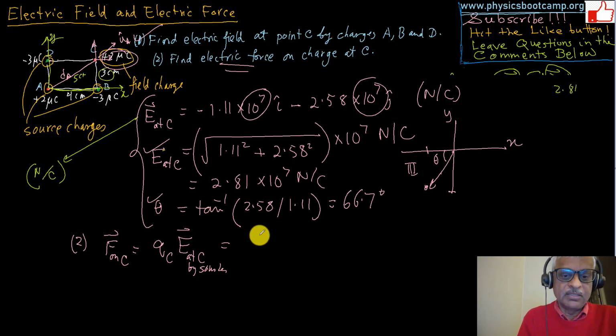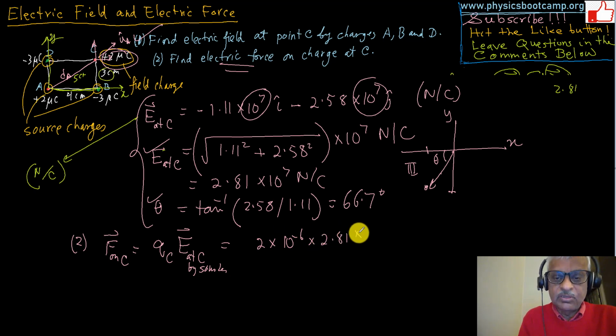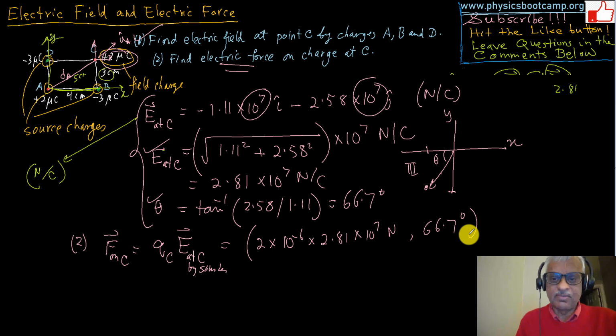So let's see, what we are going to do right now is 2 times 10 to the minus 6 times 2.81 times 10 to the power 7 newtons, and the direction will be 66.7 degrees.